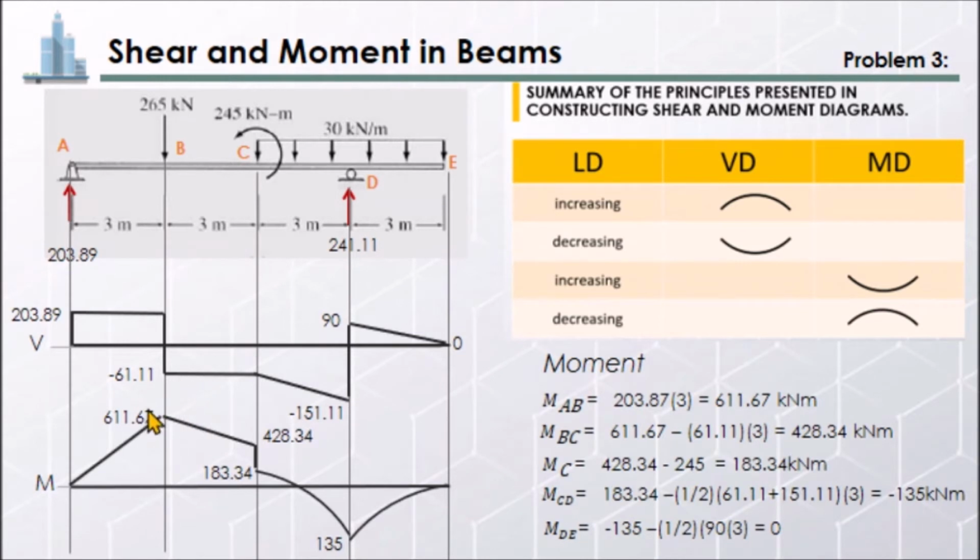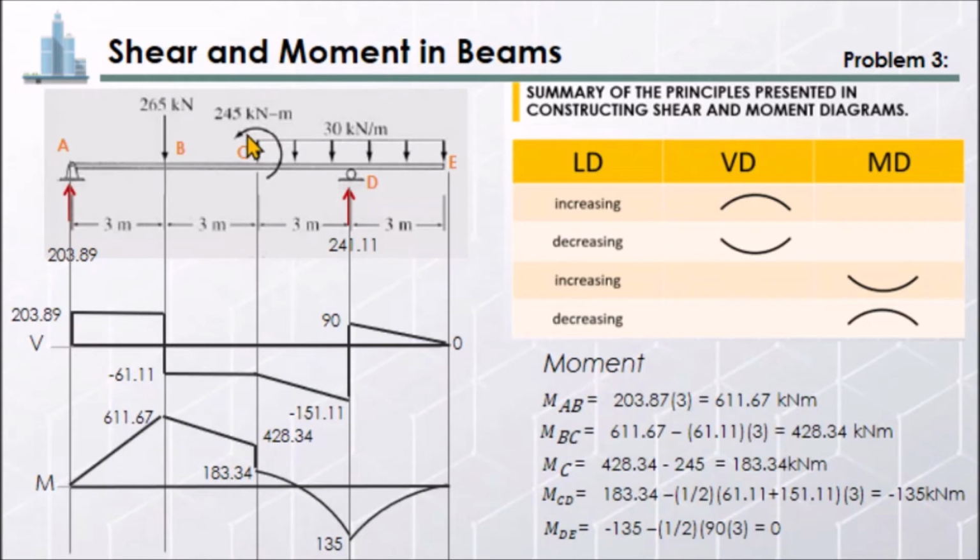Okay? So, from 611.67, ima-minus natin yung area from B to C. So, ang area natin from B to C is negative 61.11. So, 611.67 minus 61.11 multiplied by 3. So, we have 428.34 kilonewton meter.